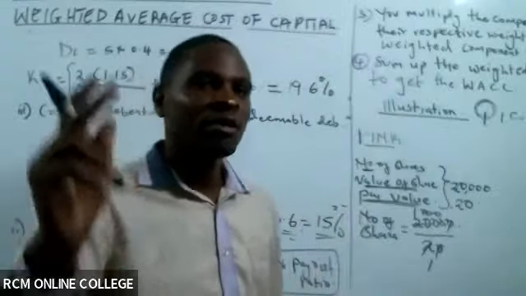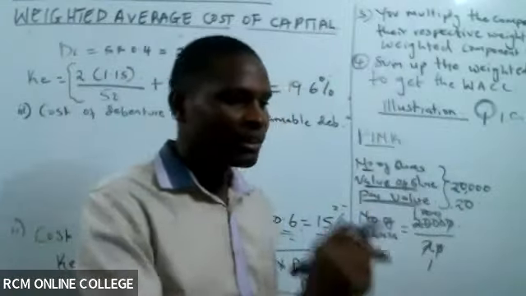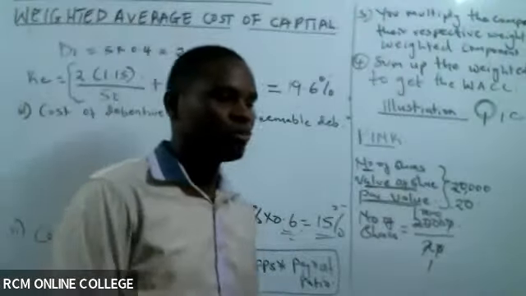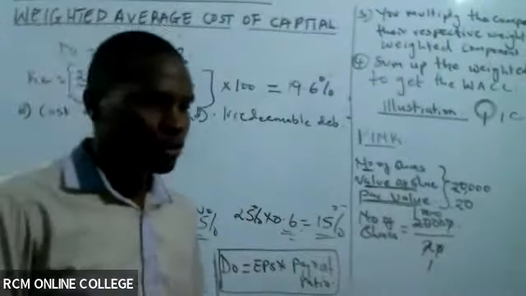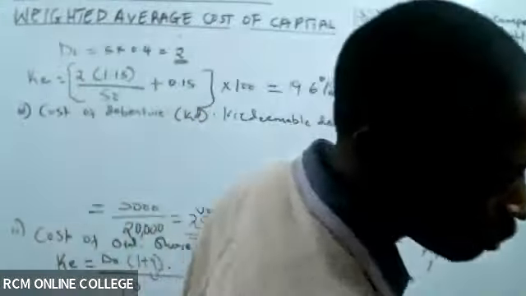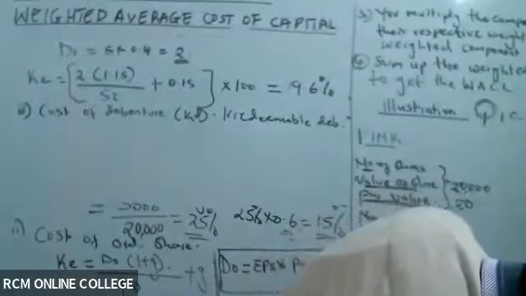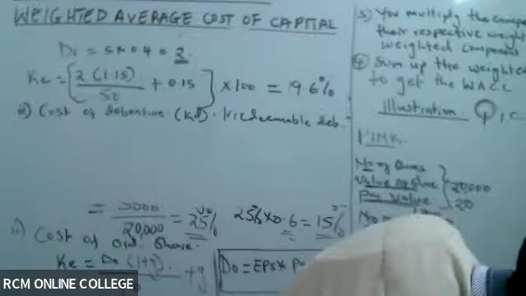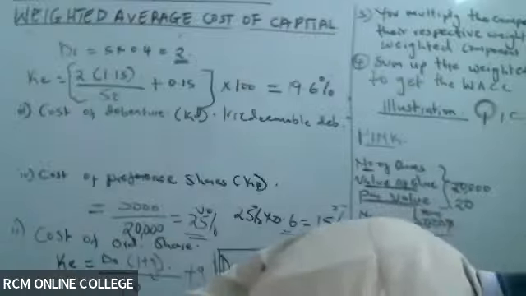For the other book, try to compute this. Test your mind. I'm giving you 3 minutes to compute KD and KP. You have the formula and everything. Just try.